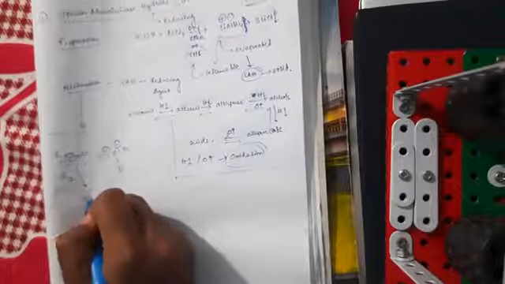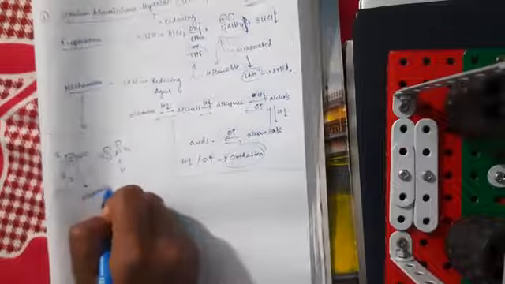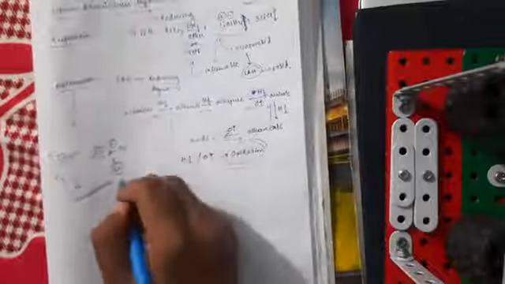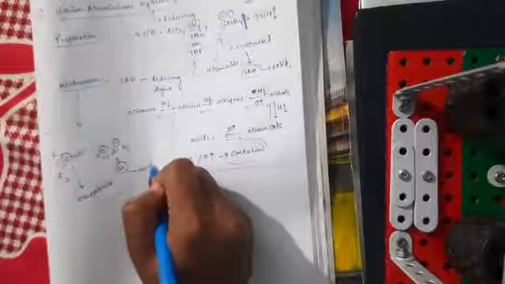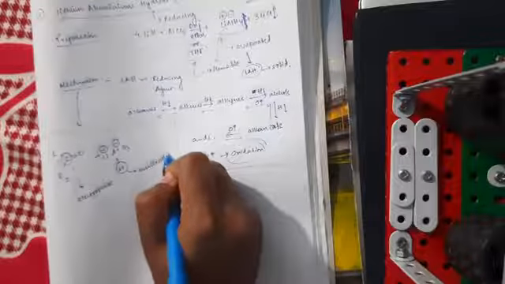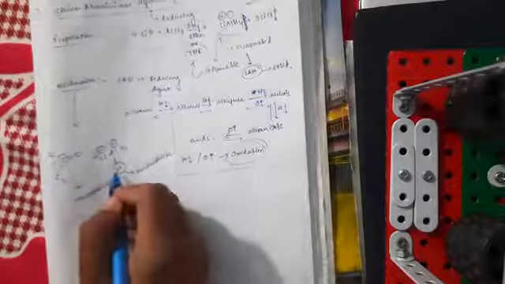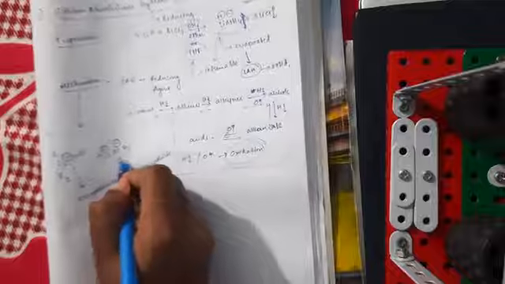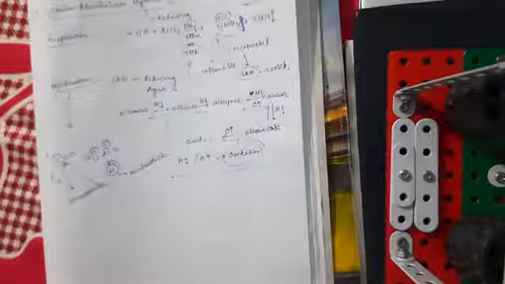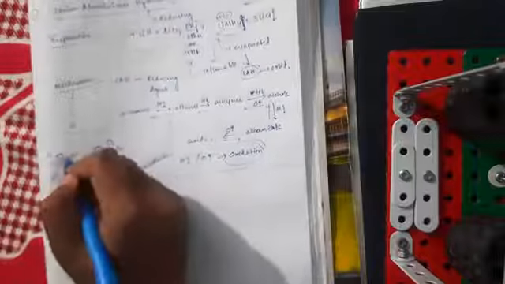Now as you know, this carbon in the carbonyl compound is highly electrophilic, and this hydrogen is highly nucleophilic. So it is in love with the nucleophile, right? So what happens is that it goes and directly attacks this electrophilic carbon at the carbonyl.